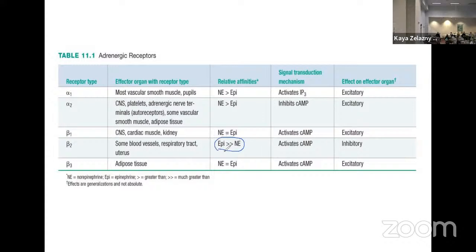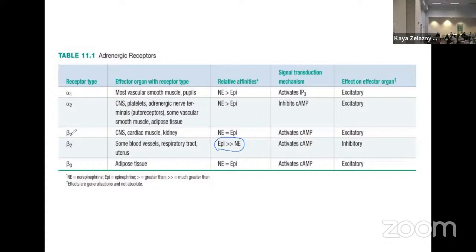Okay. So if you see a beta receptor that really likes epinephrine, it's a beta 3 receptor. For our beta 1 versus beta 3, they both have an equivalent responsiveness and equivalent affinity for norepinephrine and epinephrine. So that doesn't really help you tell those two apart.